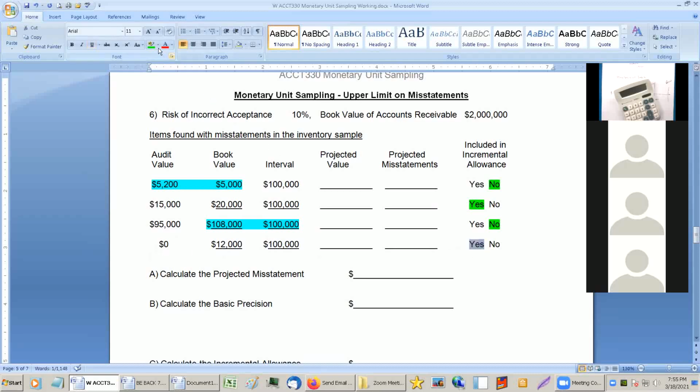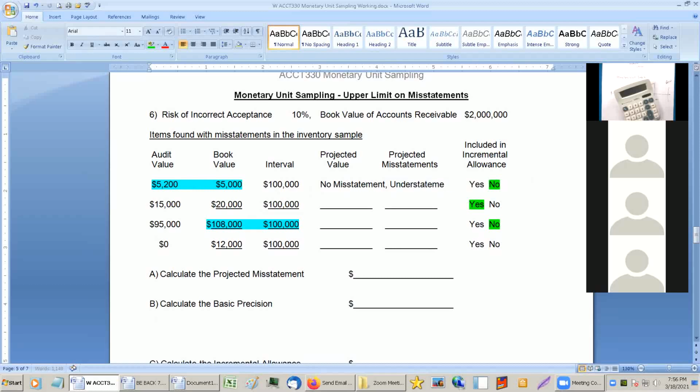So you're going to have 2 in the incremental allowance. You're going to have 3 errors. This one, and this one. The last 3 will have errors. This one, no error. Just no misstatement, probably a better term, because it's an understatement.